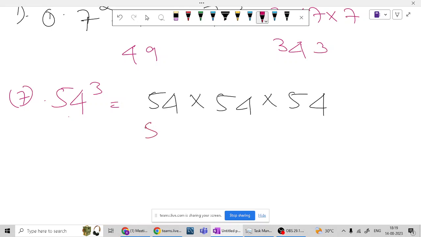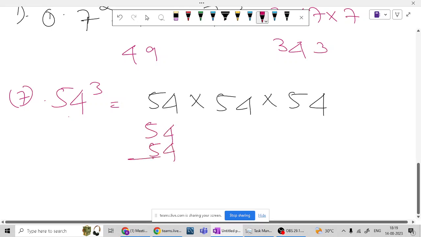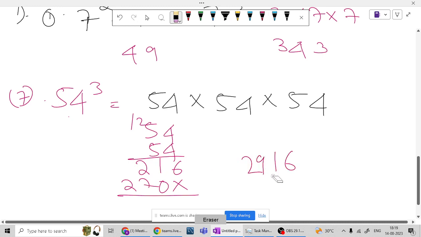I got a different answer, sir. Simple question. 4 4s are 16. 4 5s are 20, carry 1, 21. 5 fours are 20. Is it 2916?